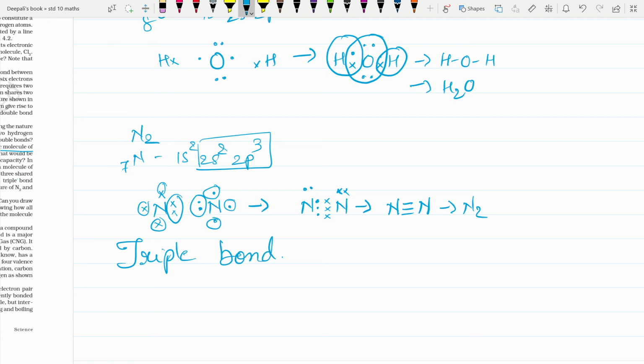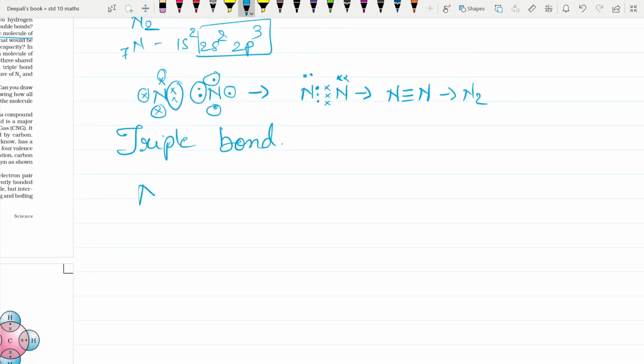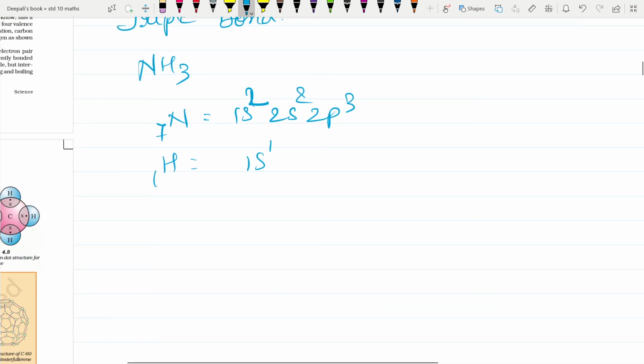Now let us check ammonia. So that is NH3. N is 7, 1s2, 2s2, 2p3 and H is 1, 1s1. So if we try to arrange, I have 1, 2, 3, 4 and 5.